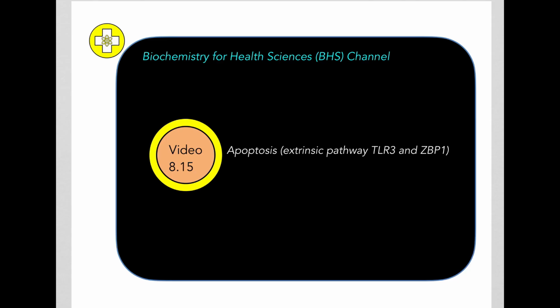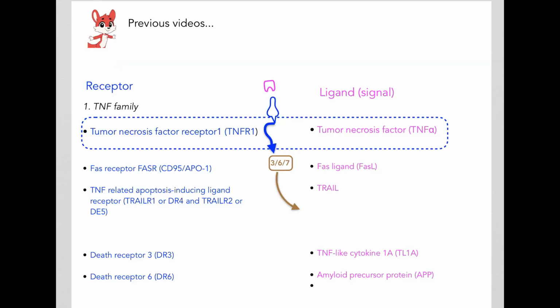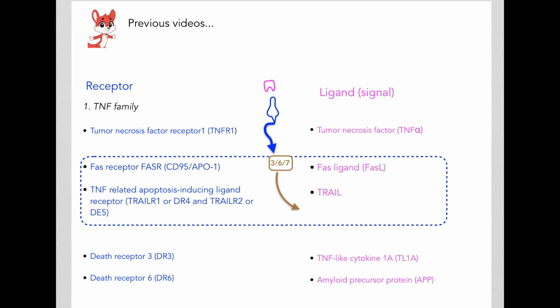In today's video, we shall discuss the extrinsic pathway of apoptosis using the receptor toll-like receptor 3, as well as Z-DNA binding protein 1. In previous videos, we discussed extrinsic apoptosis with the tumor necrosis factor receptor, and then extrinsic apoptosis with the Fas receptor as well as the TRAIL receptor.